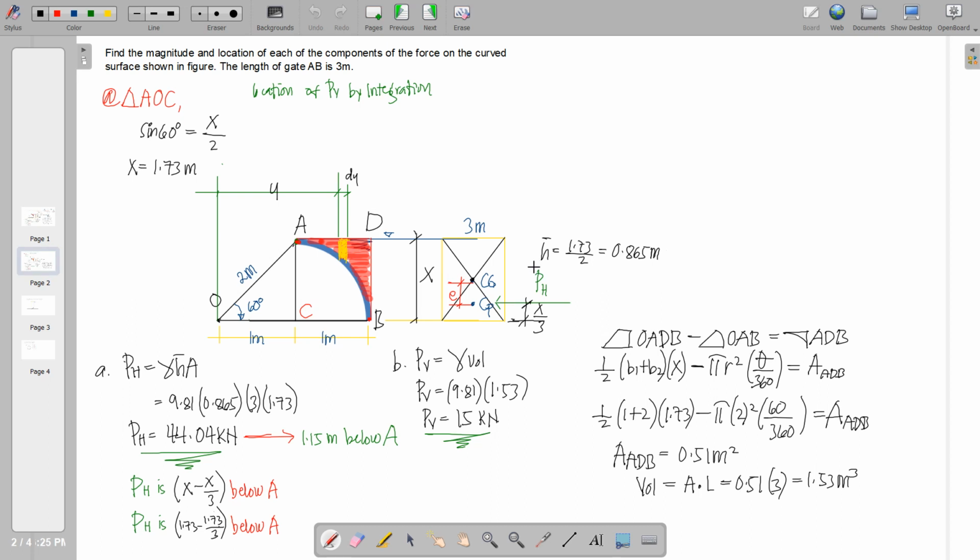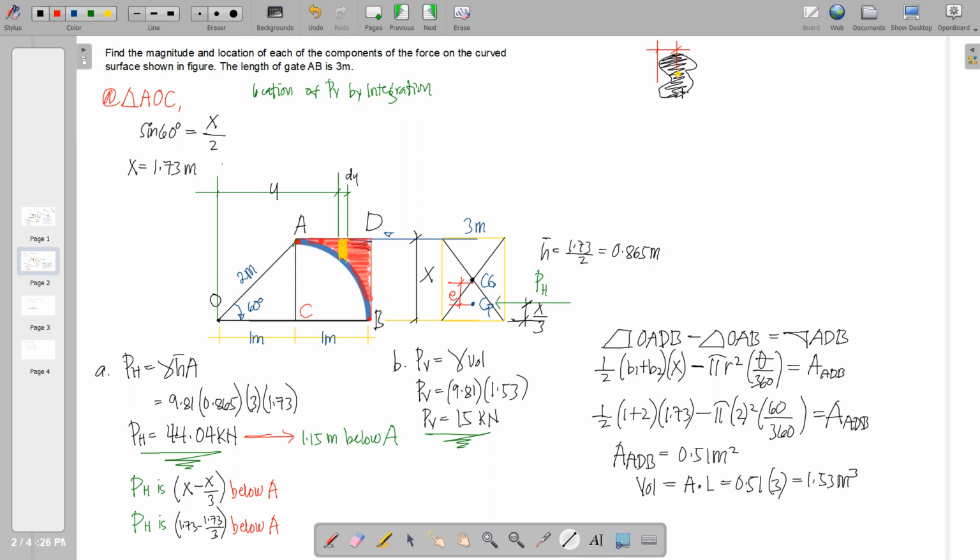We can now write our integration equation. So basically, in every formula for x bar, say for example, we need to determine the centroid of this one. Say this should be our centroid.